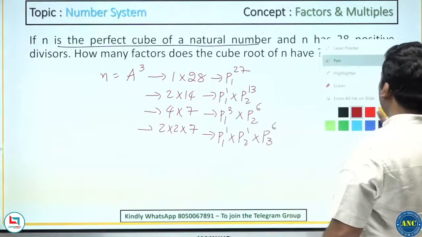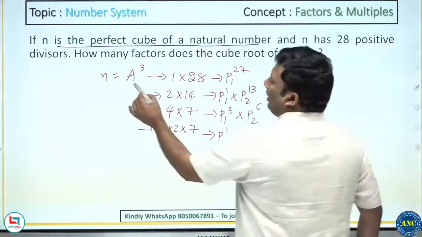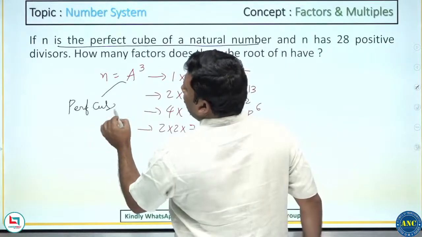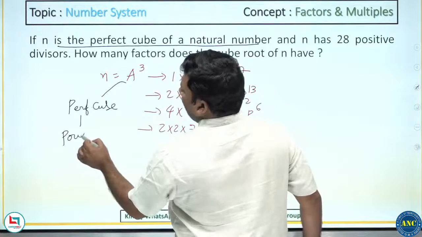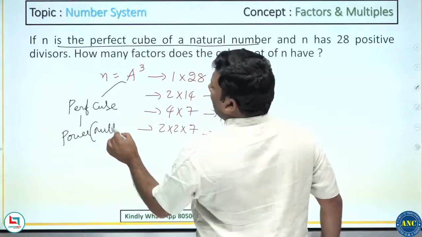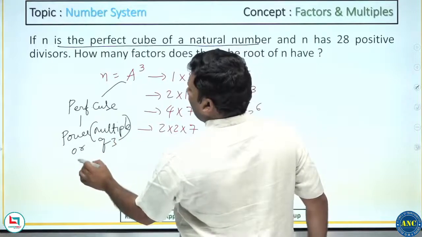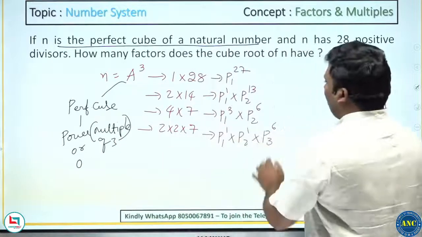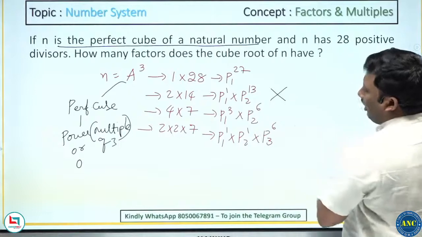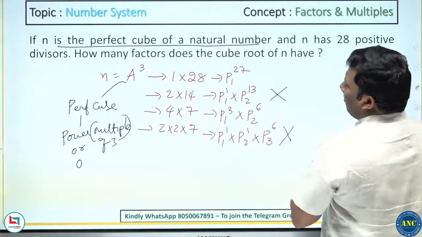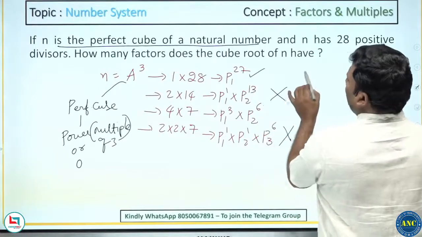It is a perfect cube. Perfect cube means power should be a multiple of 3, or 0. 1 is not a multiple of 3. 27 is a multiple of 3.